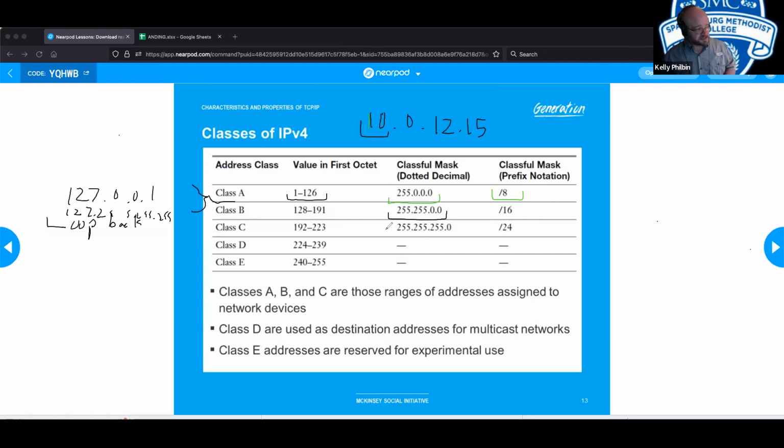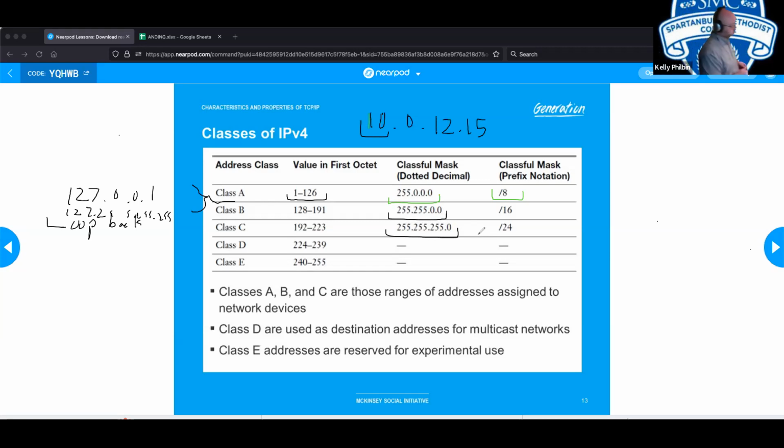Class C goes up one more bunch. You have the first 3 octets being 255, so 255.255.255.0. The first 24 bits are your network identifier. The last octet would be your host identifier.